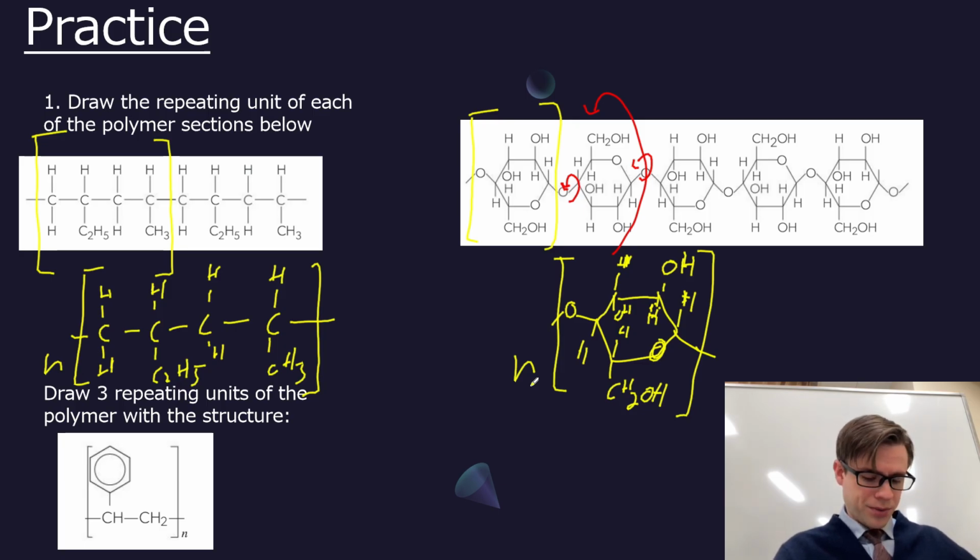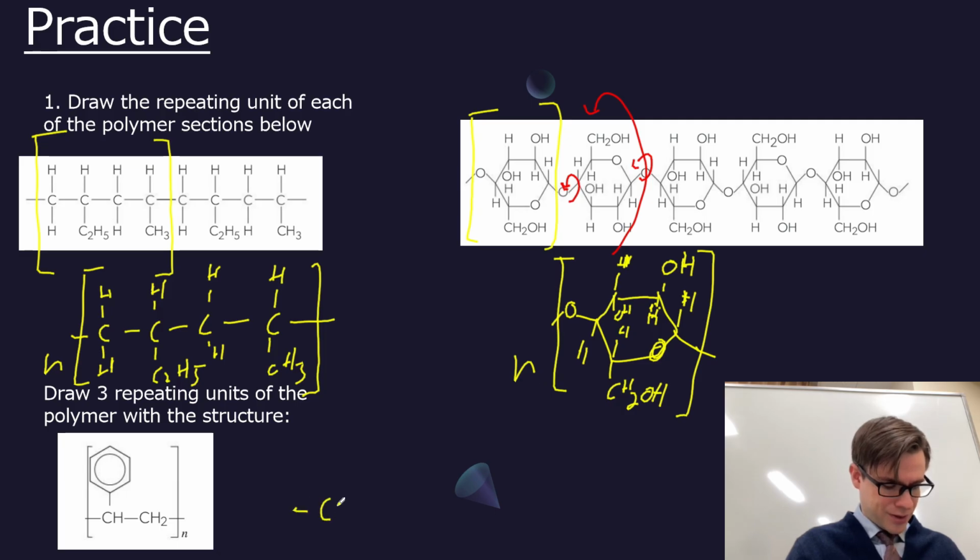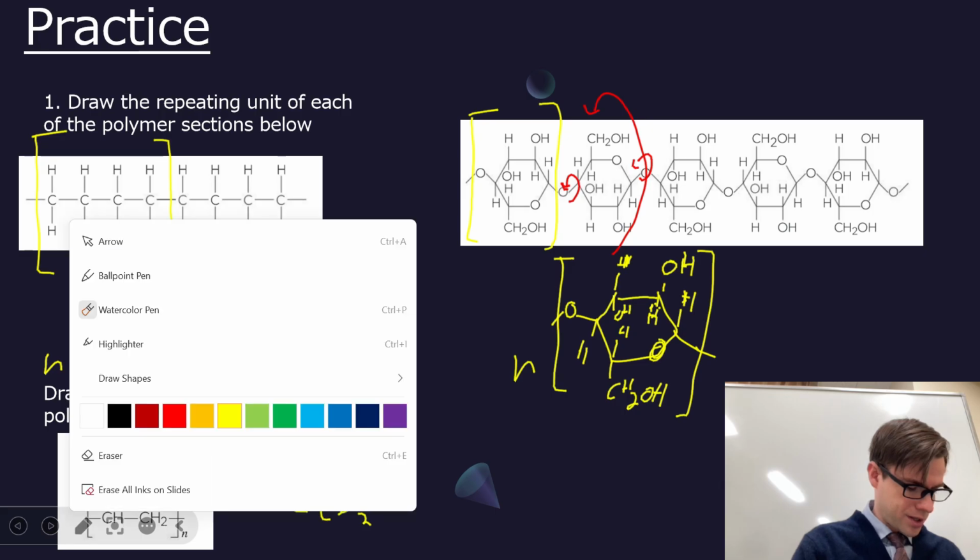Then last here, draw 3 repeating units of the polymer with the structure underneath here. N number of CH with a hexagon with a circle in it. That's a benzene ring or phenyl group. And then CH2. So this is as easy as it sounds, I think. We'll just draw this 3 times. Oops, not CH2, but CH.